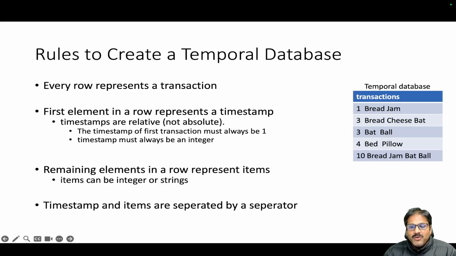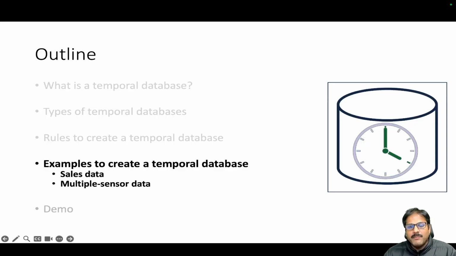So we do not use a column separator while creating temporal databases. We simply treat the timestamp as an additional item in a dataset. So there is no column separator, only the within-the-column separator, that is either space, comma, full stop, or tab separator.